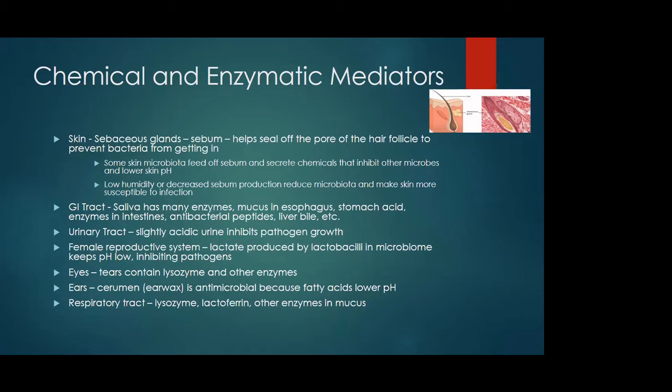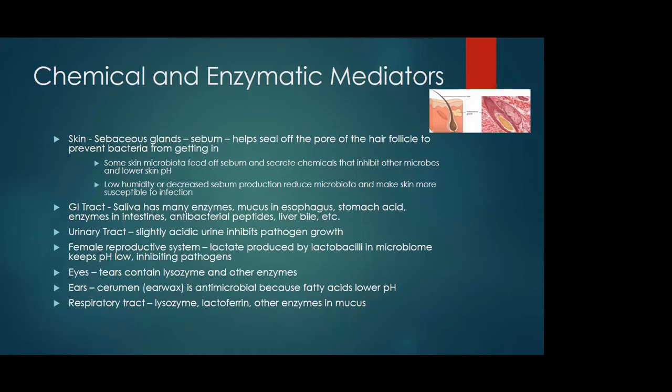You also have enzymes made in your intestines, antibacterial peptides made in your gut. You have IgA, immunoglobulin in your gut. That's made by B cells, which we'll talk about in the next lecture. Your liver bile is antimicrobial. There's lots of things in the gut that try to decrease the amount of bad bacteria that can be there.